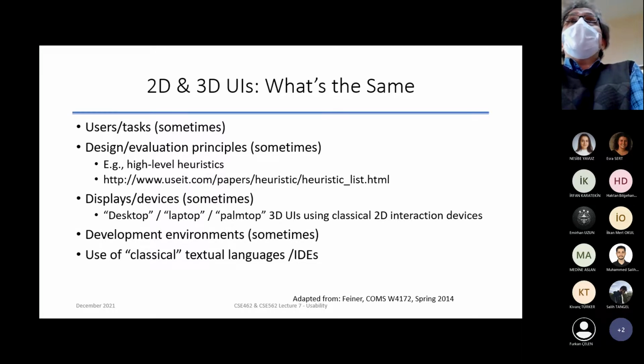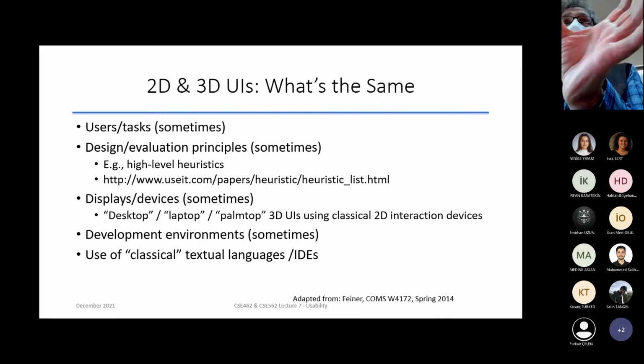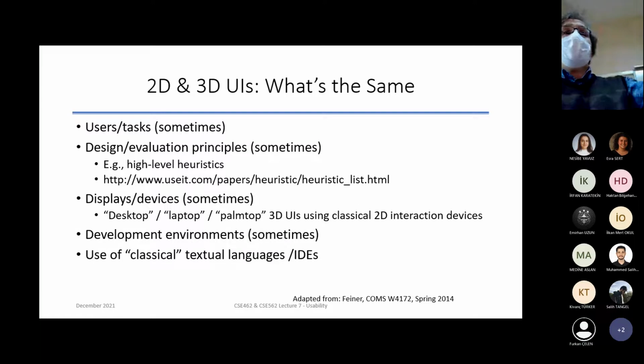Of course, the devices that we are going to be using are going to be different, right? Desktop to laptop to palm top to, let's say, you don't even know what a palm top means. This is kind of an in-between thing, maybe you can think of this as tablets, but a smaller tablet. It's an in-between thing between your computer and phone.